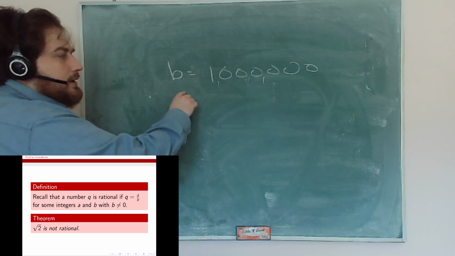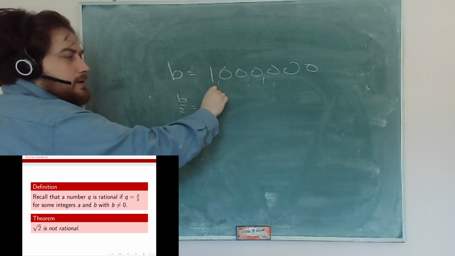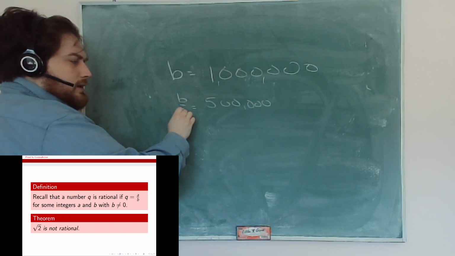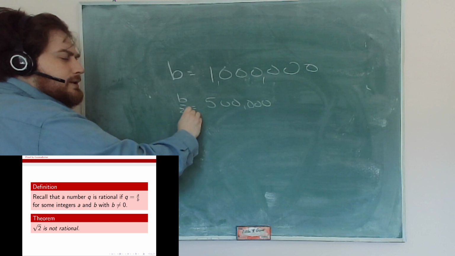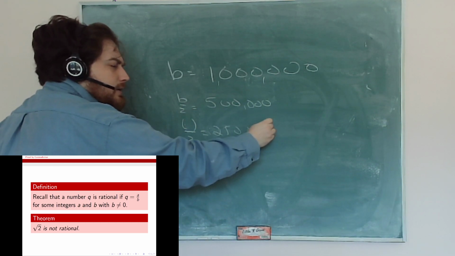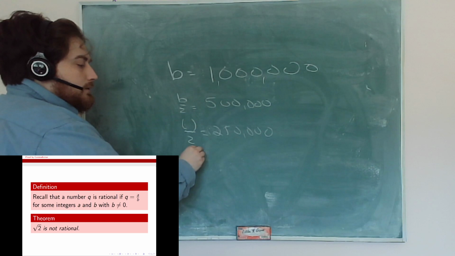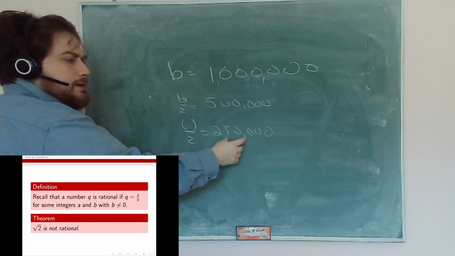But the idea is that if I divide b by 2, what I get is half as big. And if I divide that number by 2, I get something half as big. Notice that each time I'm getting smaller, but if this is positive, I'm going to stay positive.